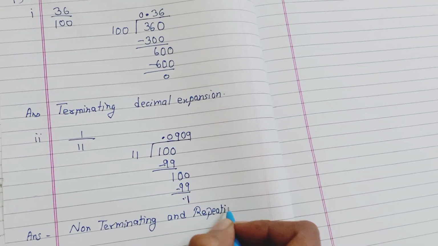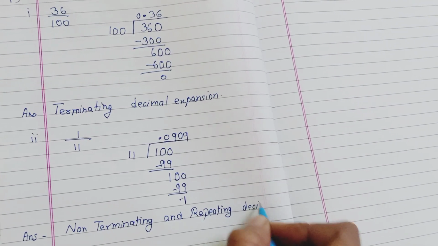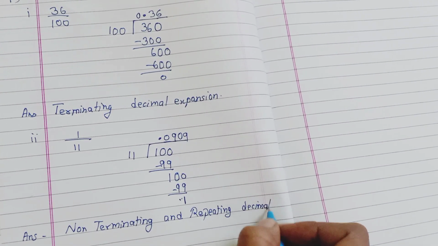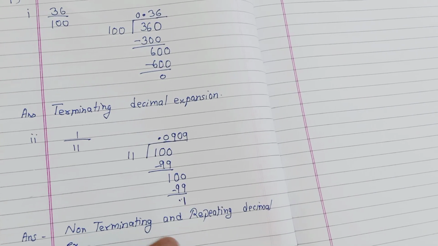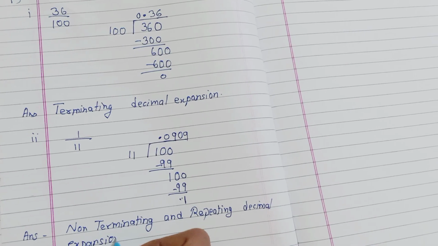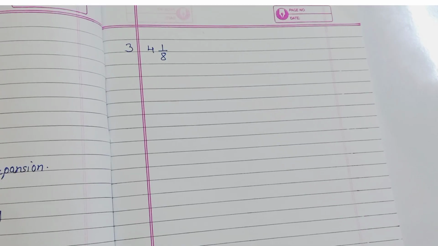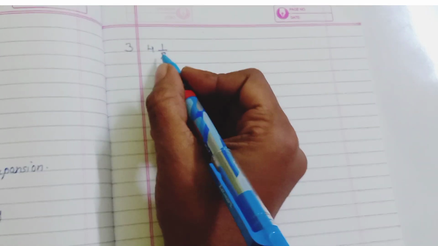So this one is non-terminating and repeating decimal expansion because our remainder is not 0 and the quotient is repeating itself. Hope you must have understood this. Now the third one, it is 4 1 by 8.